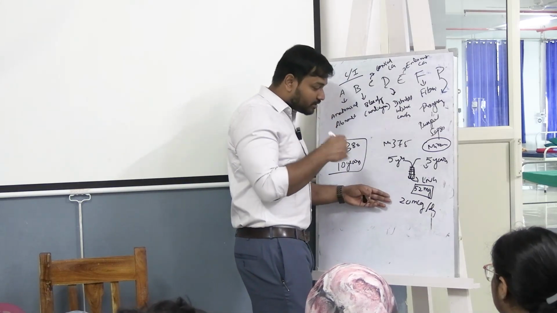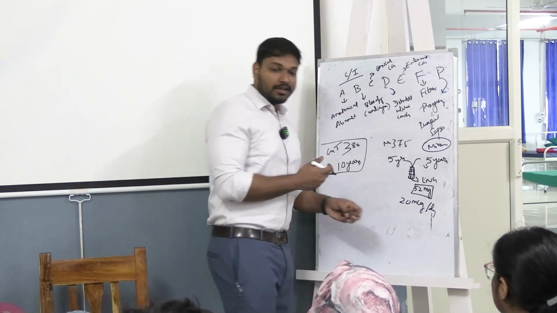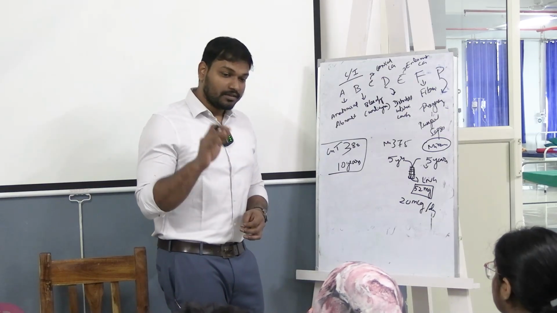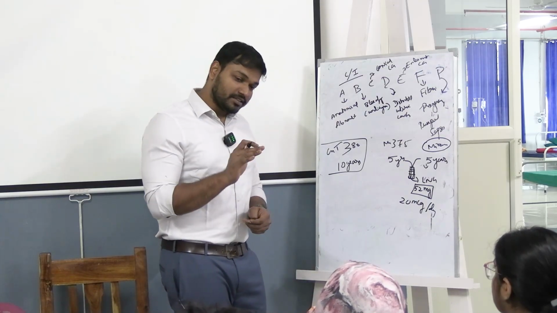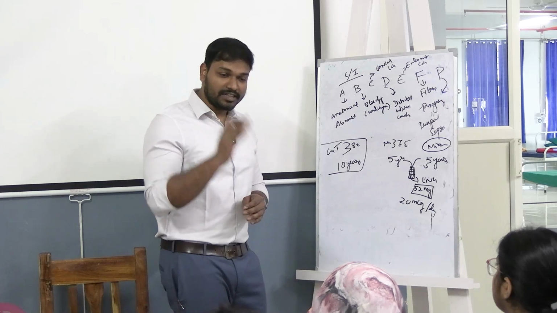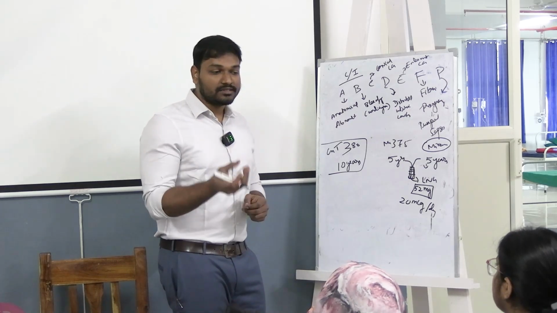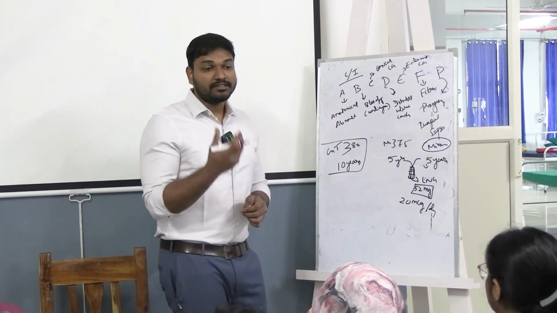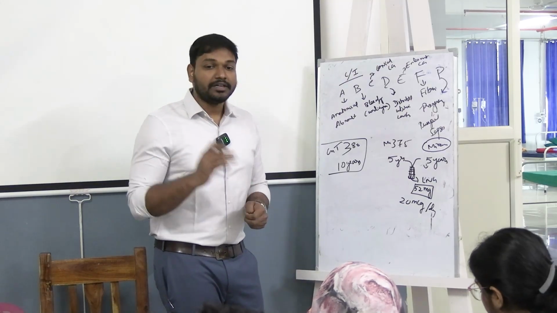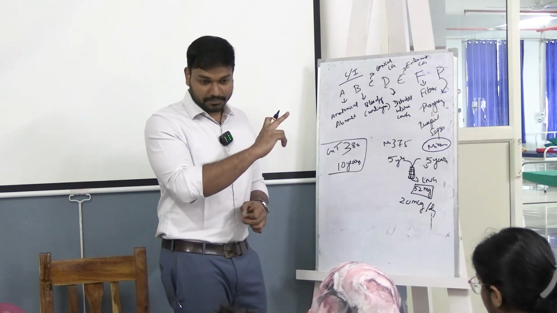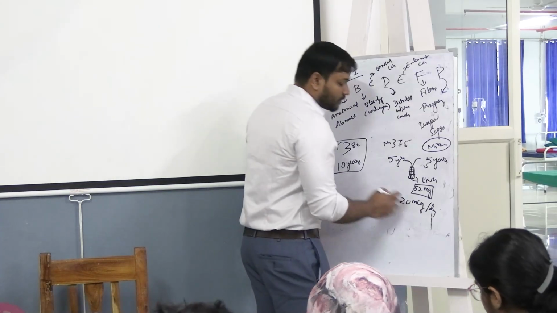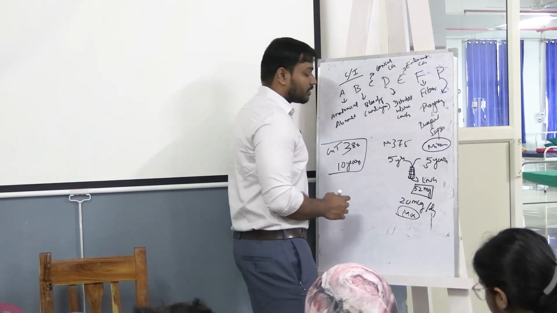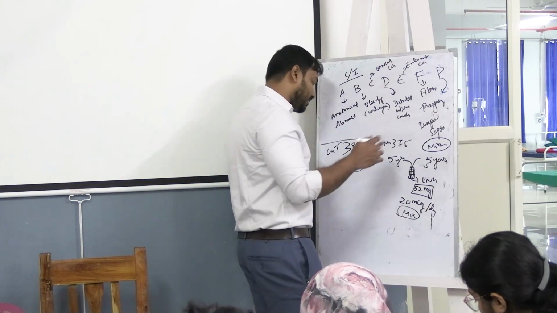Then progesterone itself hampers implantation, causes changes in the endometrial lining and increases the cervical mucus. It makes the cervical mucus thick, so it prevents the entry of sperm. So our mechanism of action is done.